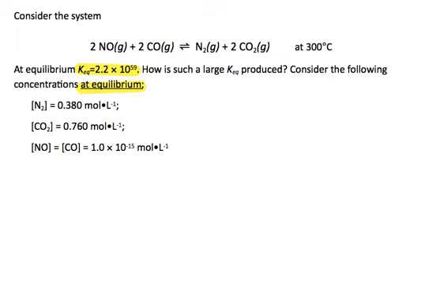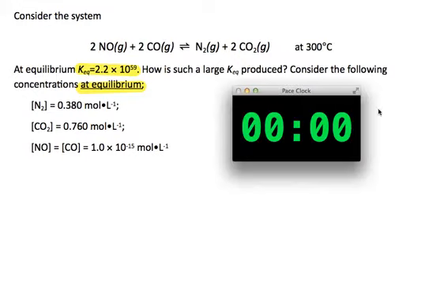Well, what I'm going to do is give you about 20 seconds to write an equilibrium expression. So why don't you go ahead and write an equilibrium expression starting now.